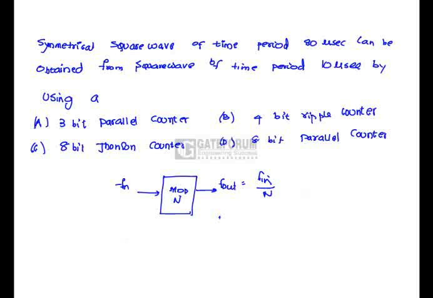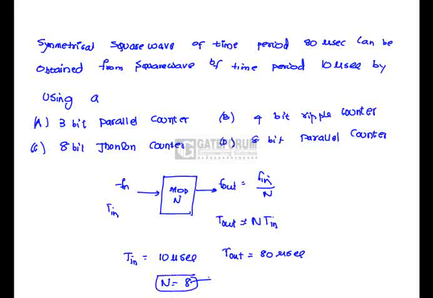So T out equals n T in. Here T in is 10 microseconds, T out is 80 microseconds. So n equals 8. This is the number of states present in a counter.